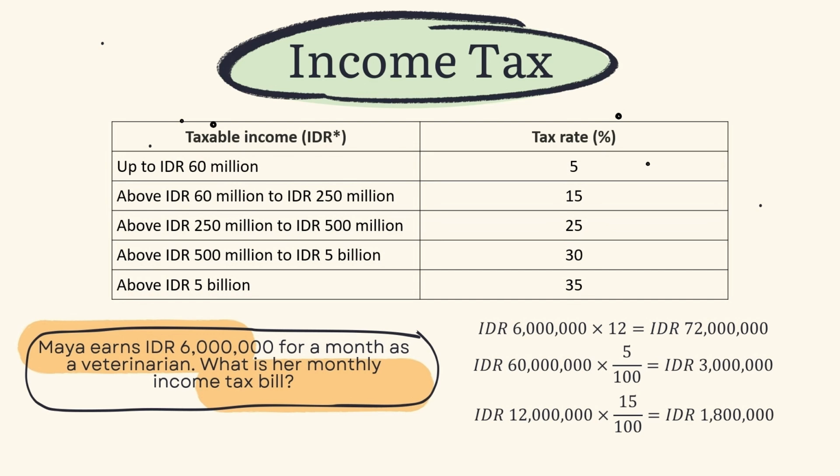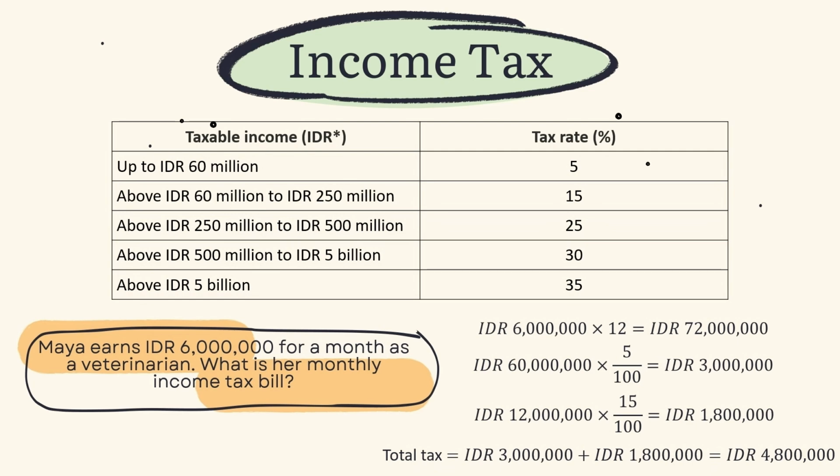Indonesian rupiahs. So the total income tax bill for Maya in a year is 3 million plus 1,800,000, which is equal to 4,800,000 Indonesian rupiahs. But the question asks for her monthly income tax bill.